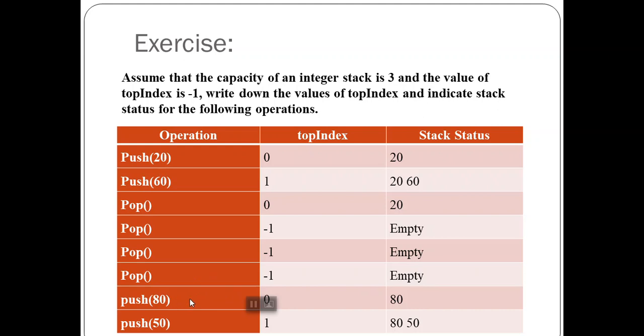What happens in push? Simply increment the value of top index. -1 will be made 0, and at position 0 you insert the new element, that is, 80 will be stored at position 0. Now again push 50: increment the value of top from 0 to 1, so at position 1, 50 will be inserted.